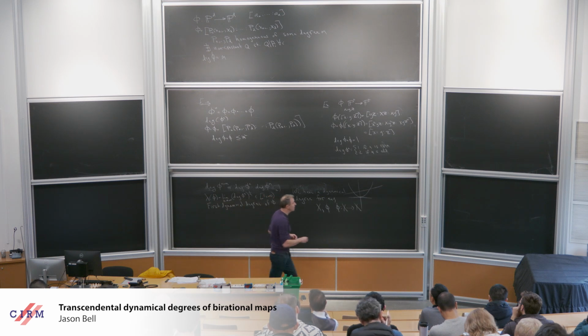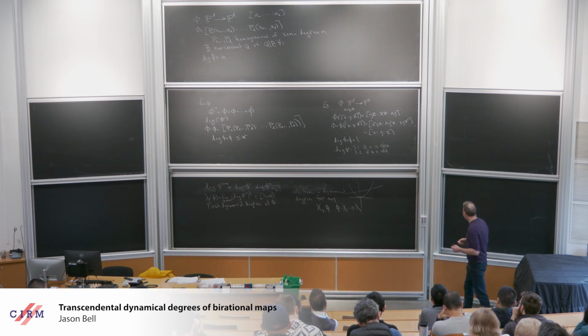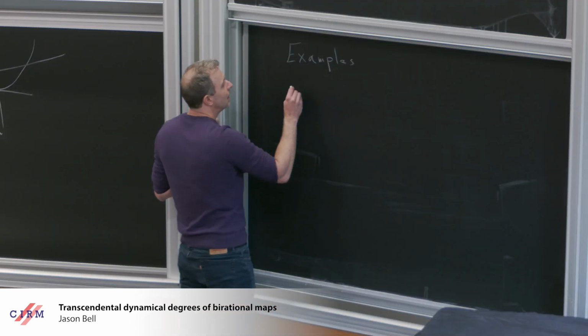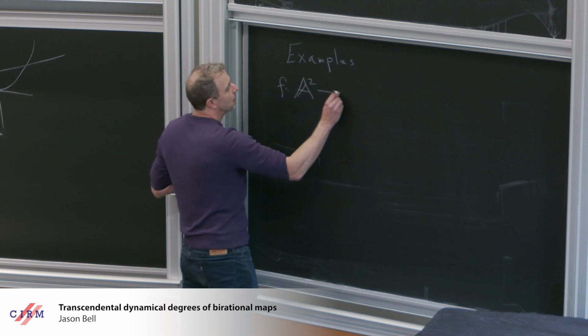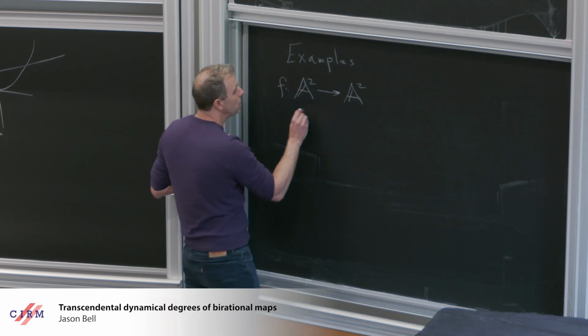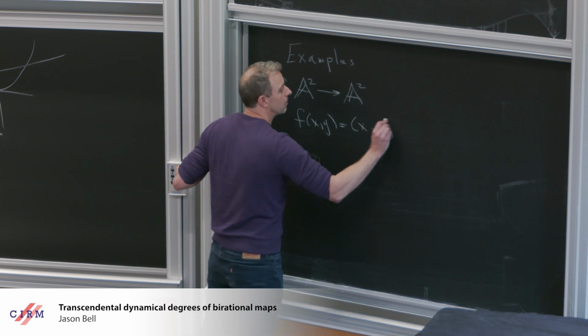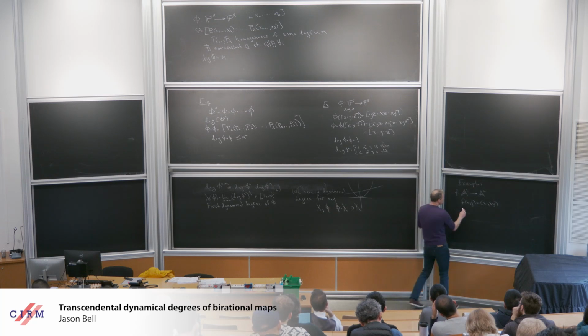Let me look at a few more examples. It'll be easier for me to just work with affine space to do some examples. So let's do some more examples. I'm going to work on the affine plane, and I'm going to take a map from A2 to A2. And this is a very nice map. And we can see that if we compose, what do we get?